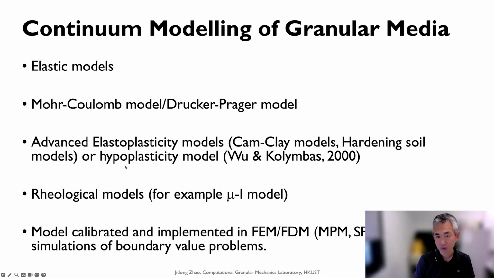Also in German-speaking regions, in Germany and Austria, a group of scholars proposed the hypoplasticity model to describe granular matter. And to describe the flow behaviors of granular matter, there is also a very active community working on different rheological models, for example the very famous mu-I model.